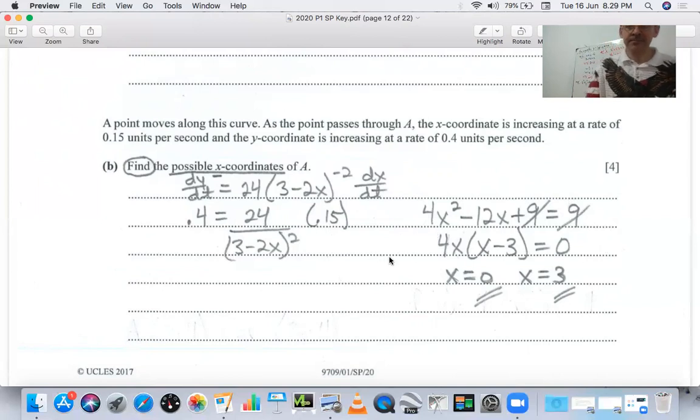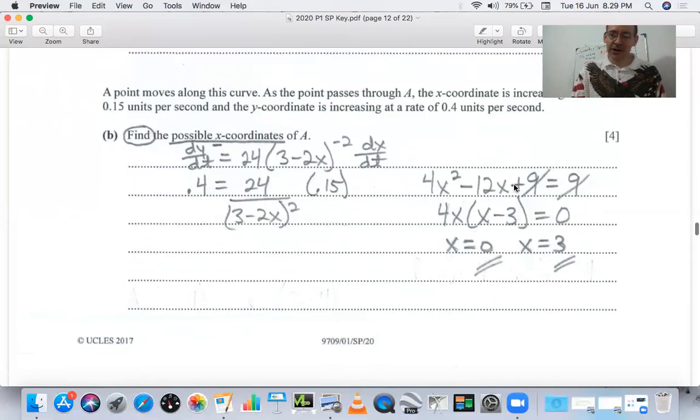Sorry about that. So this binomial got multiplied to the left and expanded. The 0.4 got divided to the right. So 24 times 0.15 divided by 0.4 is the 9 here on the right. So if you subtract 9 from both sides, they cancel out.